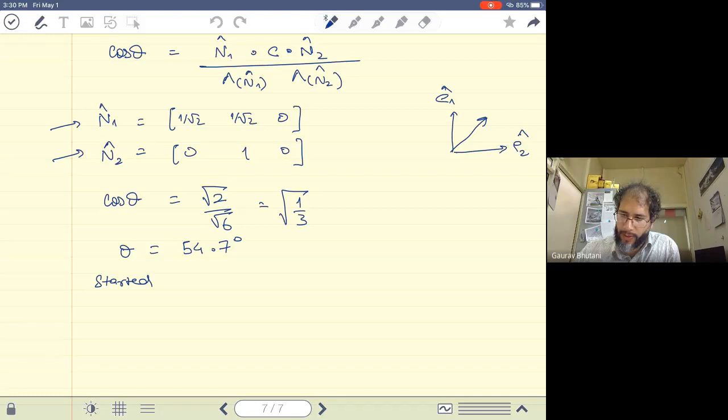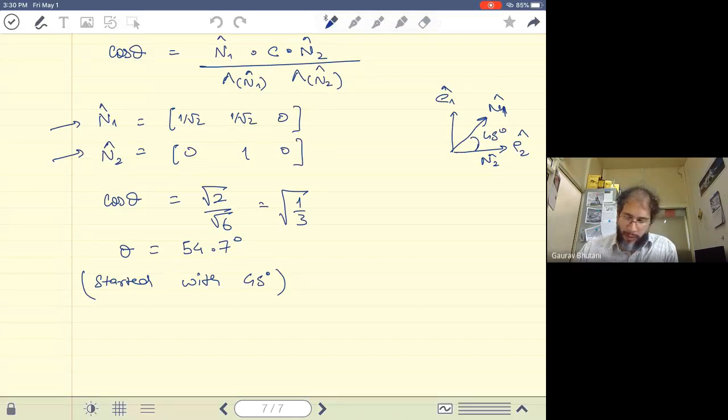That's your n1, and this is your E2. So this angle was 45 degrees to start with, and now it is 54.7. In the undeformed configuration, the angle between n1 and n2 is 45 degrees, and in the deformed configuration, the angle between d small x1 and d small x2 is 54.7 degrees.